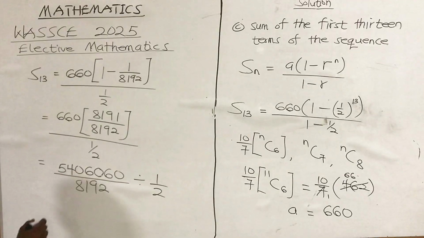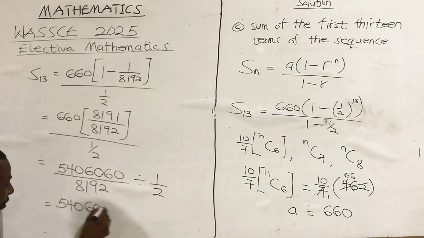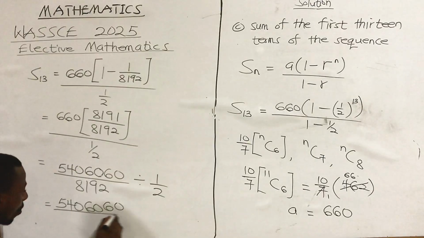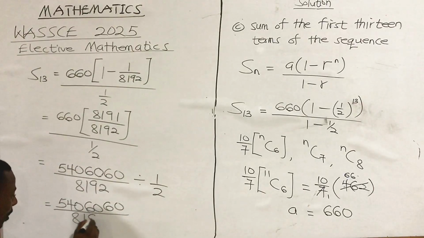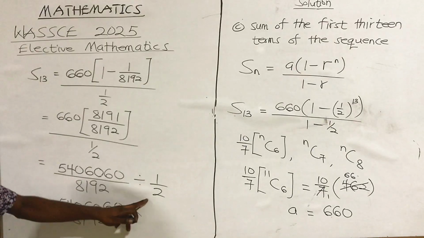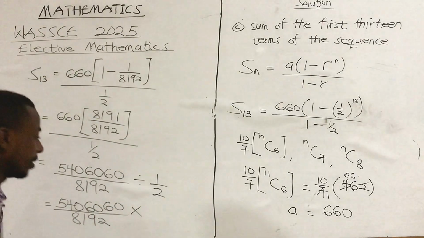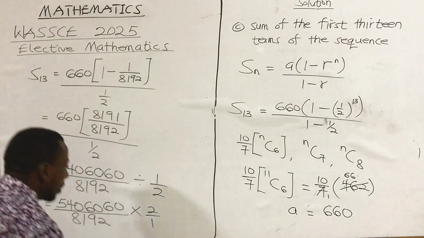So from here we are going to get 5406060 all over 8192 times, and because this one is a fraction, we are going to take the reciprocal, which is 2 over 1.